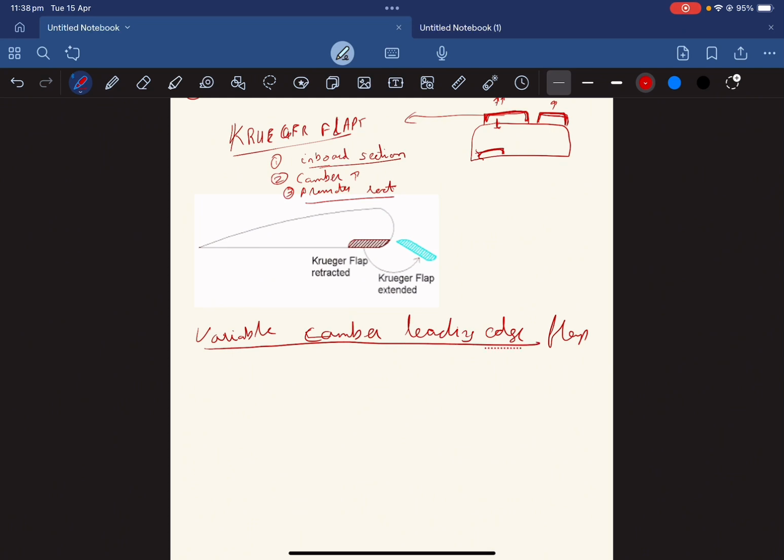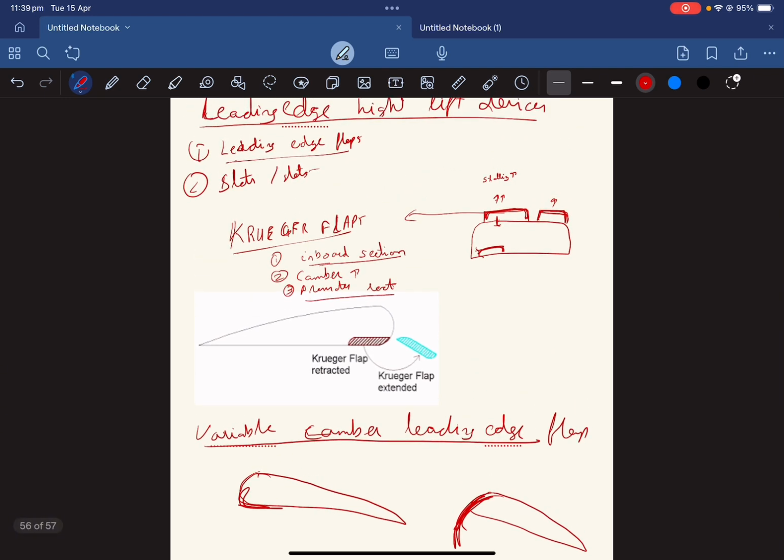Let's say this is your aerofoil, and when it's retracted, it's somewhat over here, and when it's deployed, it comes out like this and increases your camber. It's a bit more curved, so it gives you a better increase in lift compared to your Kruger flaps, and it has better characteristics. With this, we have completed the leading edge flaps.